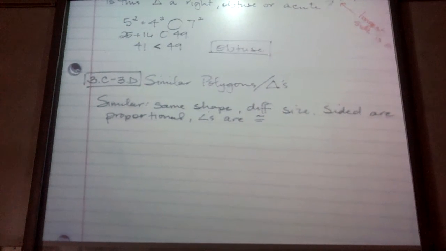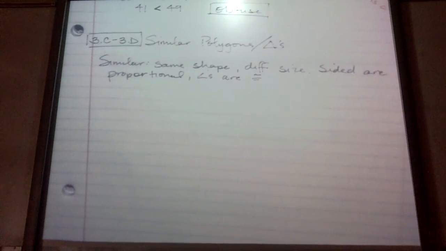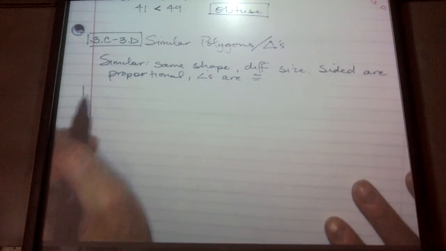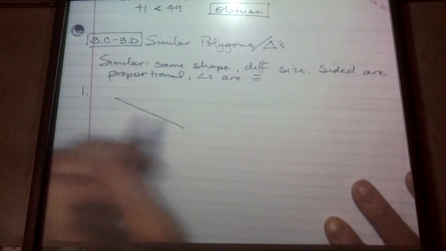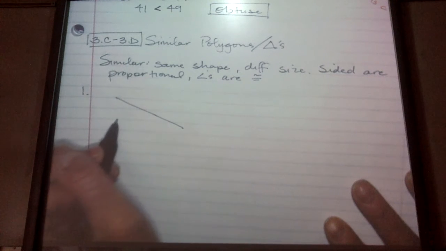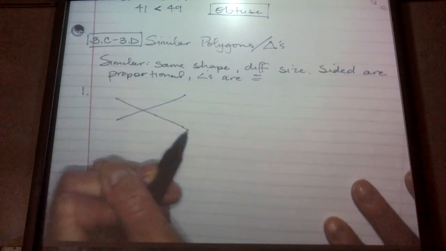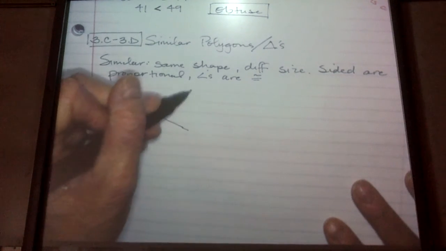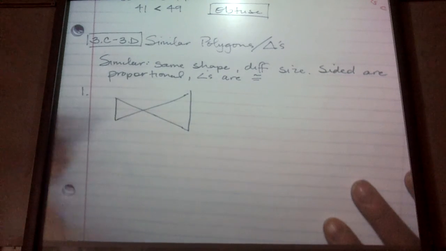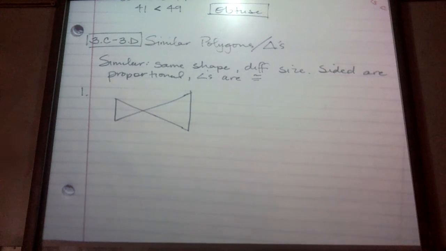We're going to do a few of these problems in which you're going to have to find a missing piece. So in example 1, I'm going to have to apologize, everything's not going to be perfectly drawn. Here are 2 triangles.